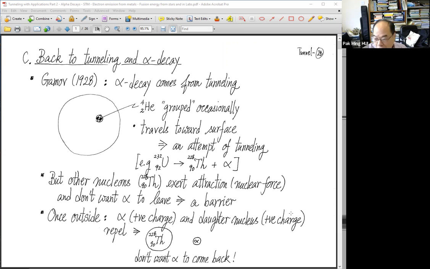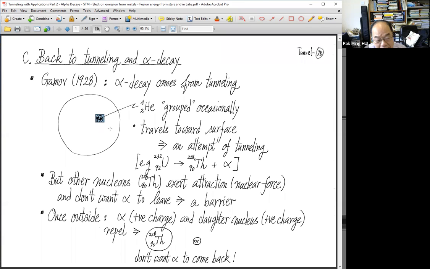So in his picture, he has this idea in mind. In a big nucleus, there are many nucleons. Occasionally, 2 protons and 2 neutrons together, well, you can think about this as a pretty big binding energy. It is a stable entity. So they try to move to the surface and then try to get out.